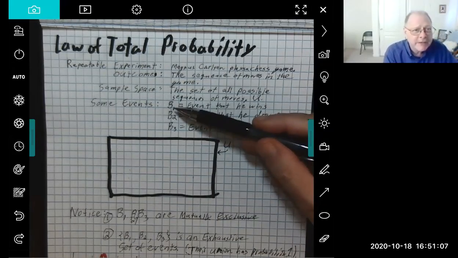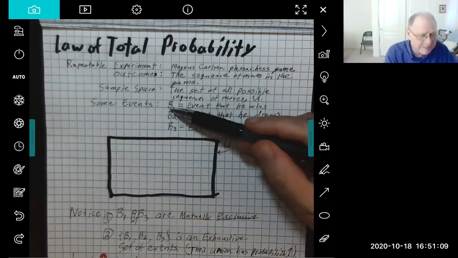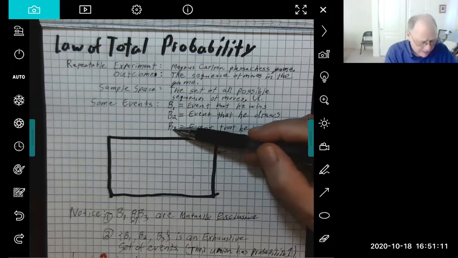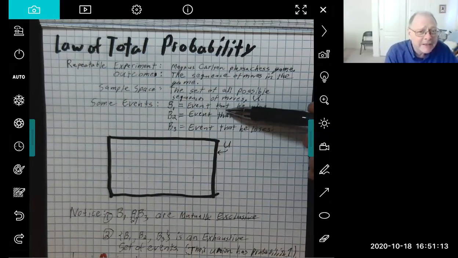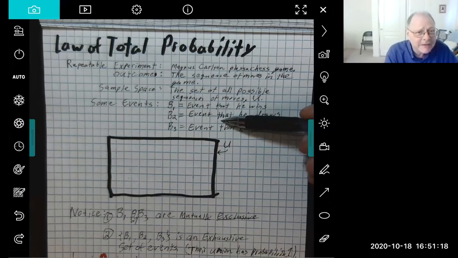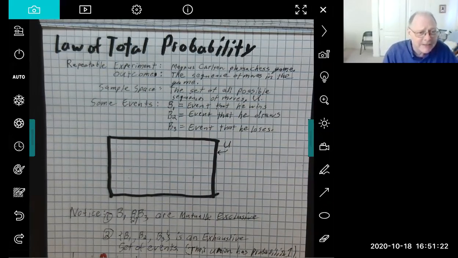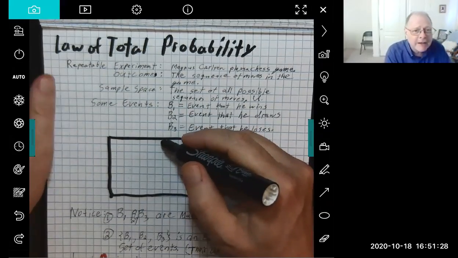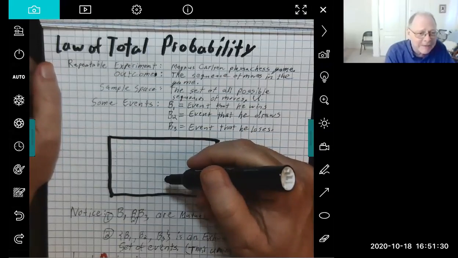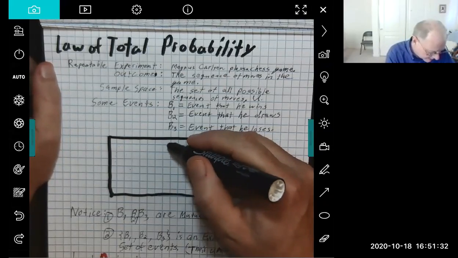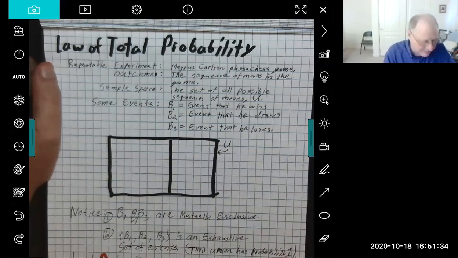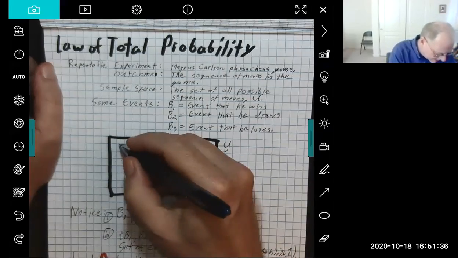Now, I'm going to define 3 events, B1, B2, and B3. B1 is the event that he wins, B2 is the event that he draws, and B3 is the event that he loses. And I'm going to draw the event B1 kind of big, because Magnus Carlsen is the world champion. You know, he wins a lot.